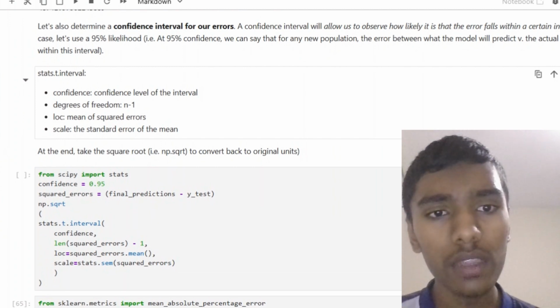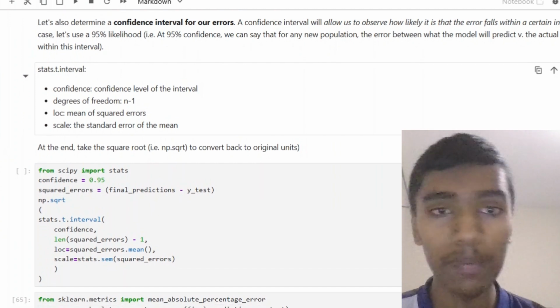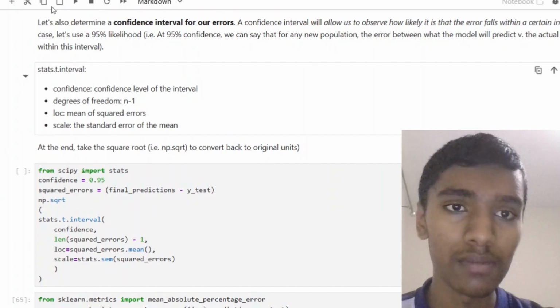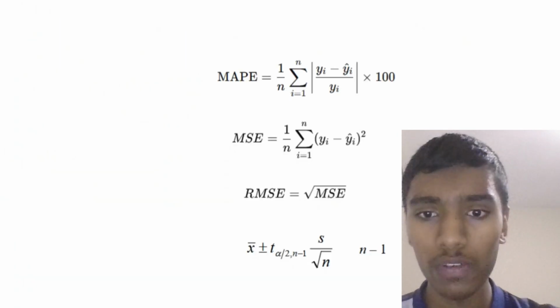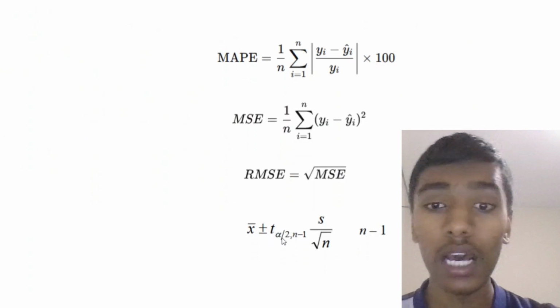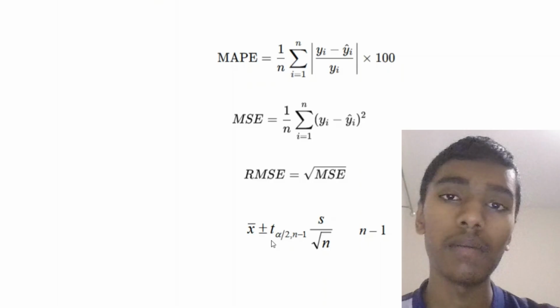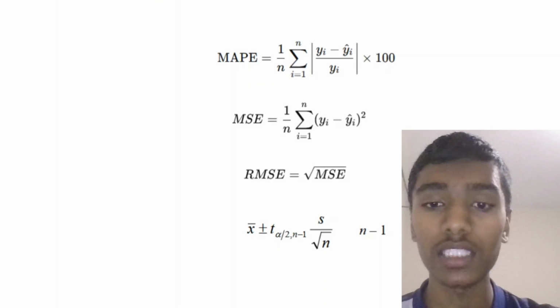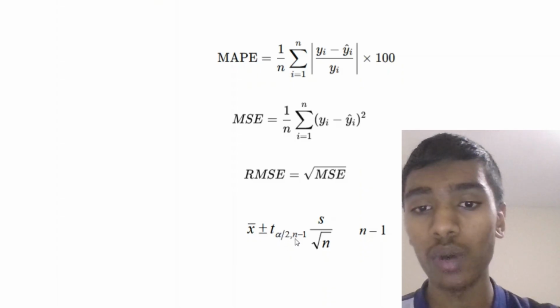Okay, so there again, this is already programmed in scikit-learn, but let's go over the general equation. So the general equation is x bar plus or minus t, where t comes from a t distribution, with alpha divided by 2 comma n minus 1.